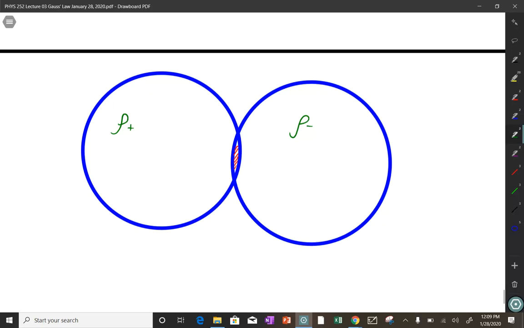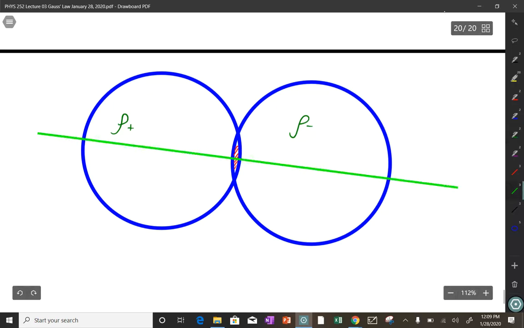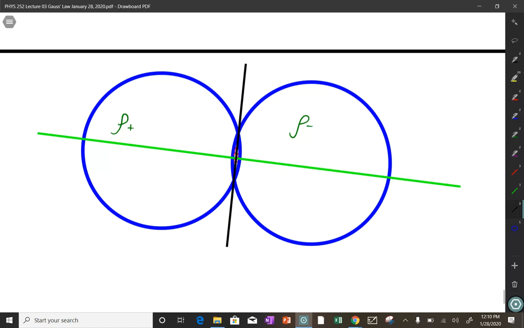So what you need to do now is something that I think is pretty obvious. I know I did a bad job of drawing, but make an axis that goes through both centers and then set your coordinate axis like this.